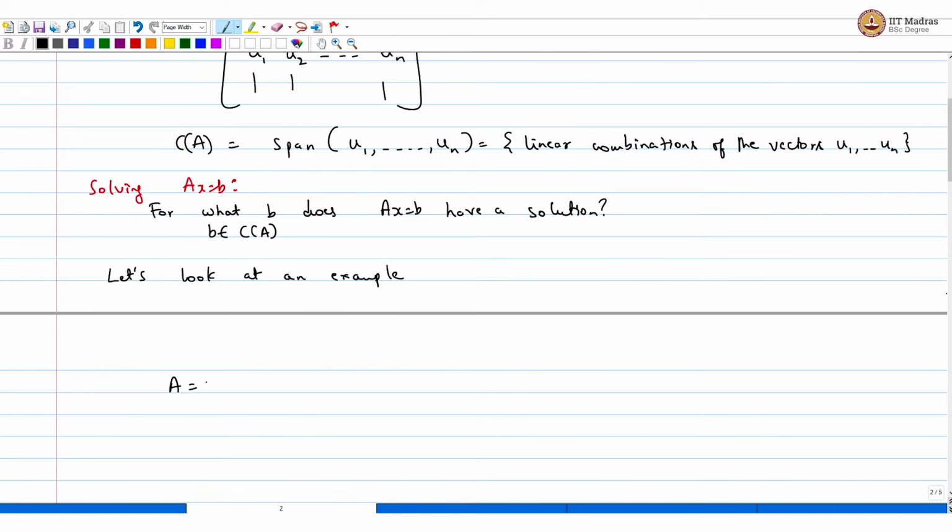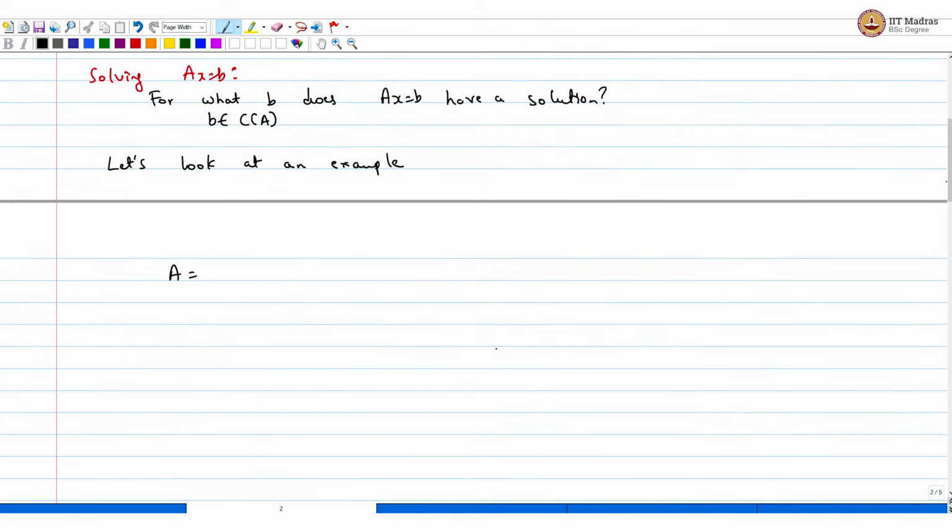Suppose you take the matrix, so Ax equals B is solvable for B belonging to the column space of A.